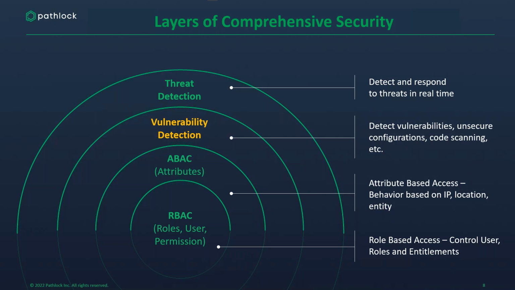This will be today's main topic, where we check some configurations, code scanning, transport management, and so on. And the last layer is the threat detection, where you detect and respond to threats in real time, where you, for example, have an automatic reaction to an attack.